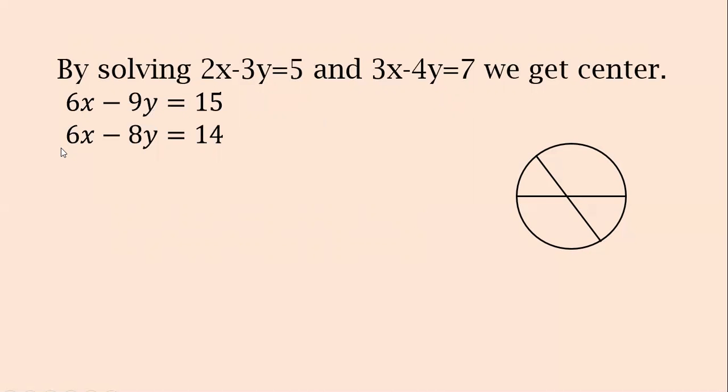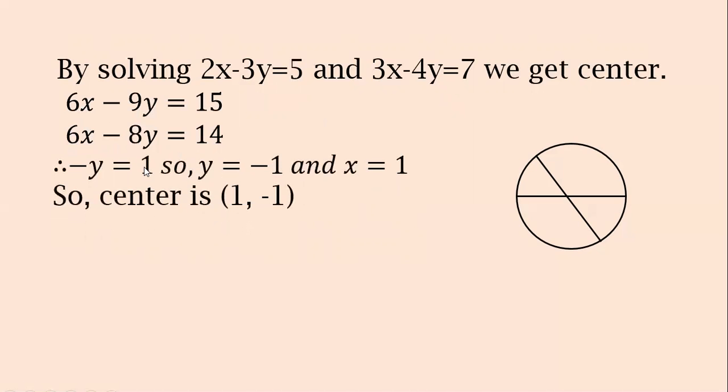So subtracting the first equation from the second equation, we get minus y is equal to 1, so y is equal to minus 1. And putting y is equal to minus 1 in any equation out of these two, we get x is equal to 1. So this is the solution of these two equations, that is two diameters.